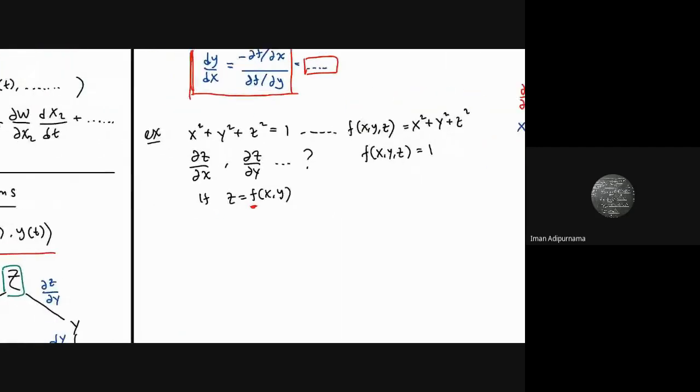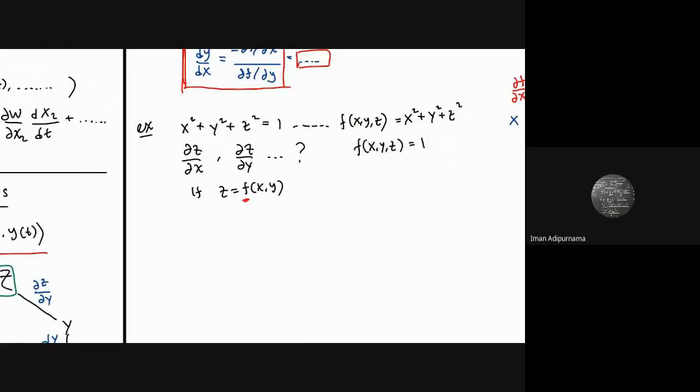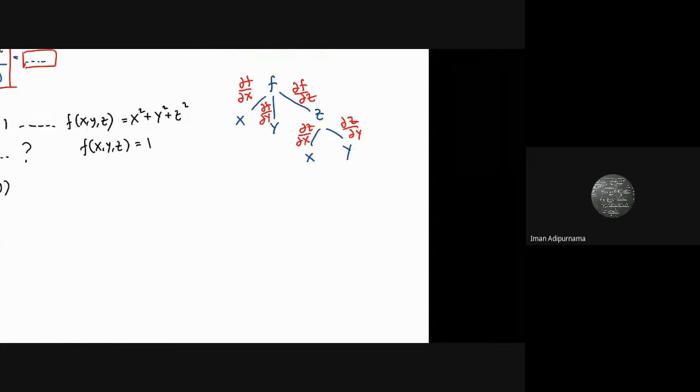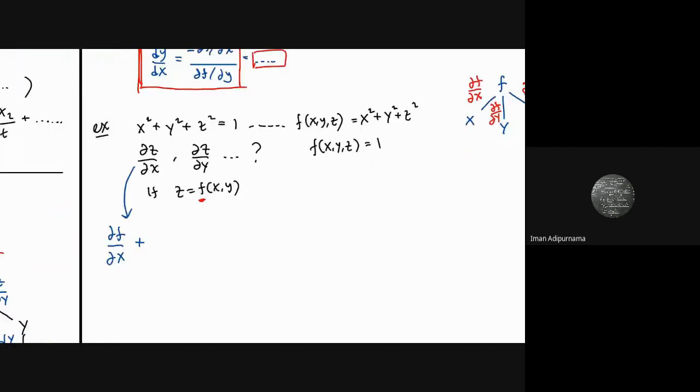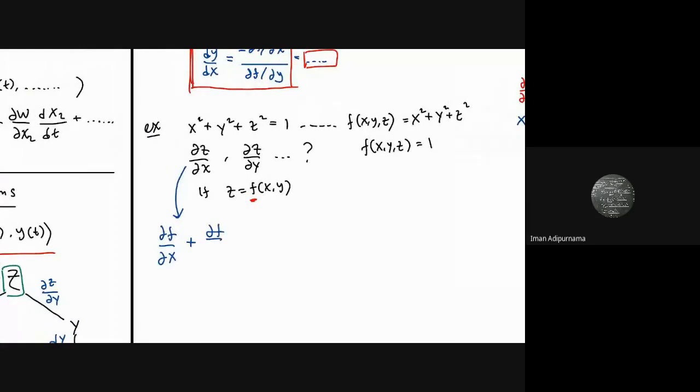Okay, so for dou z dou x, we have dou f dou x plus dou f dou z multiplied by dou z dou x, and it equals 0.